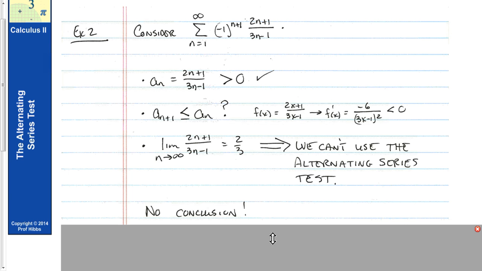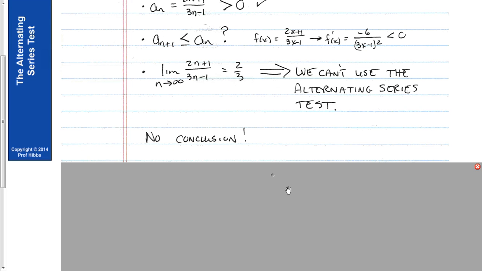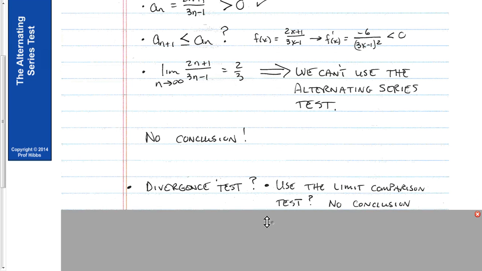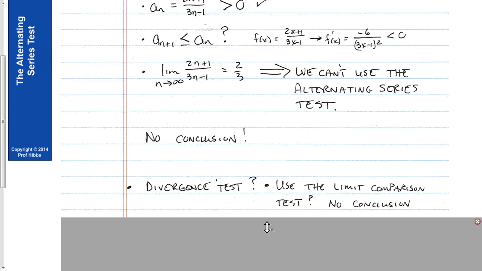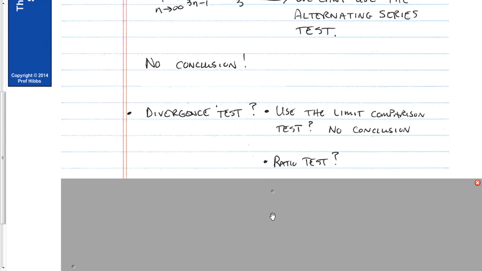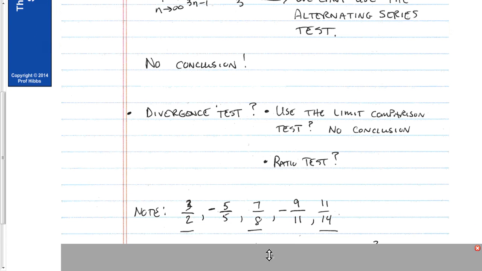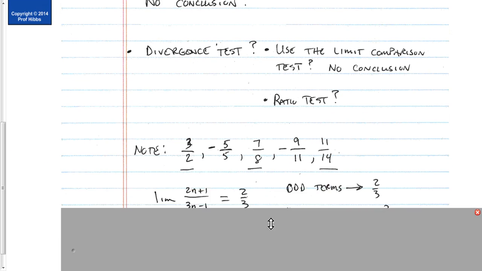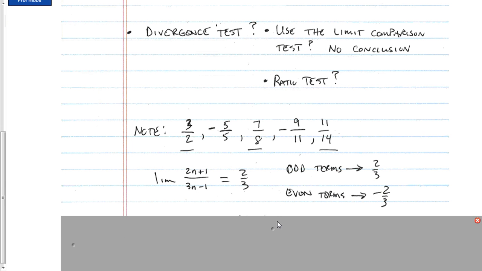It has to be equal to 0, so we have no conclusion. But maybe we ought to consider the divergence test. Which test could we use? And I would say that we could use the divergence test and find out here.